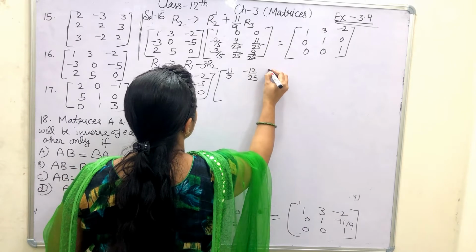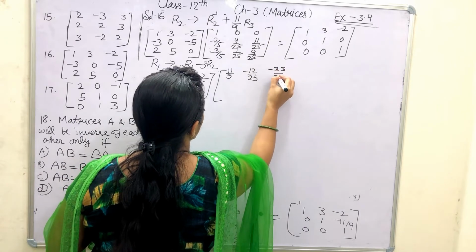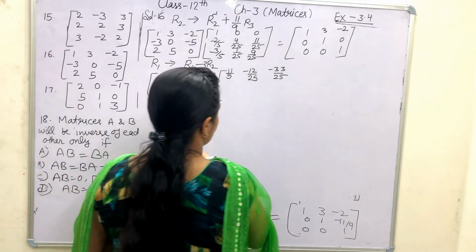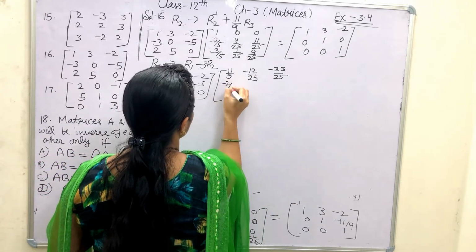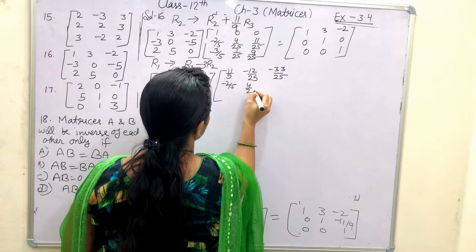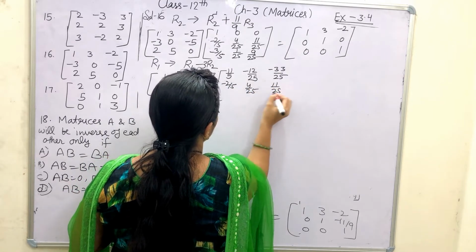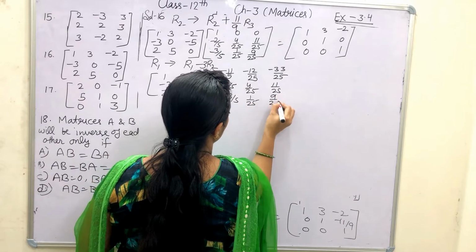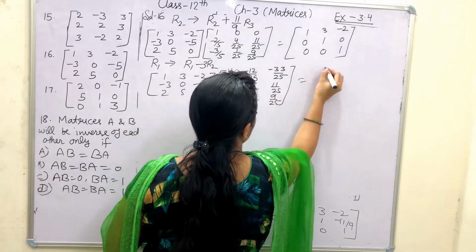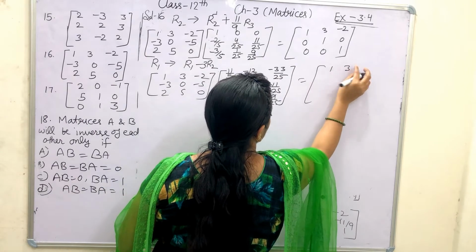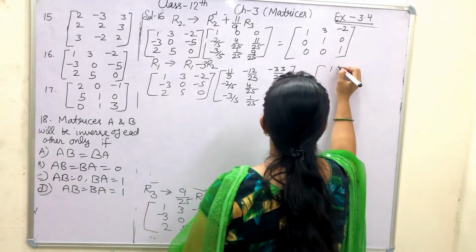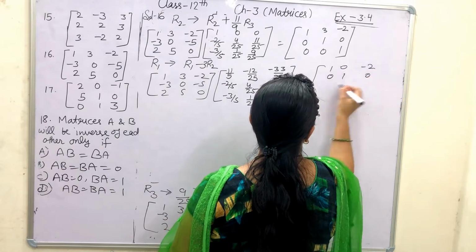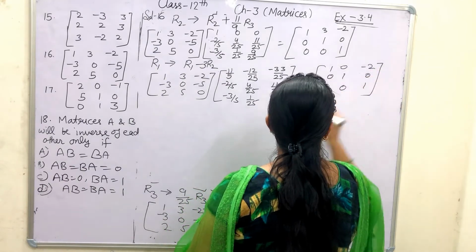Here is minus 33 by 25. So minus 2 by 5, 4 by 25, 11 by 25, minus 3 by 5, 1 by 25, 9 by 25. Here we get 1, 0. 3 minus 3, that is 0. Minus 2, 0, 1, 0, 0, 0, 1.